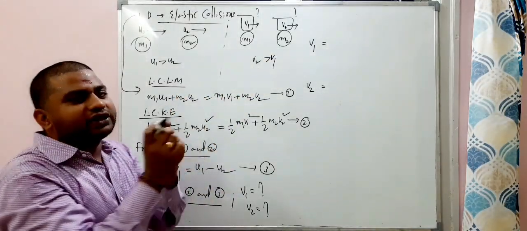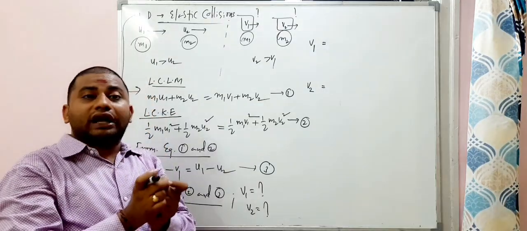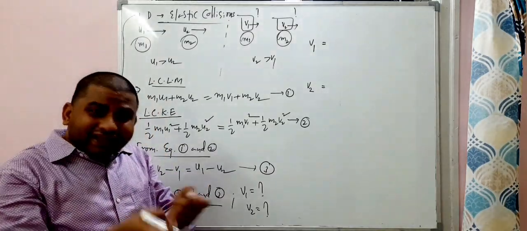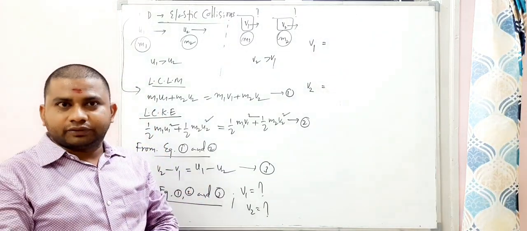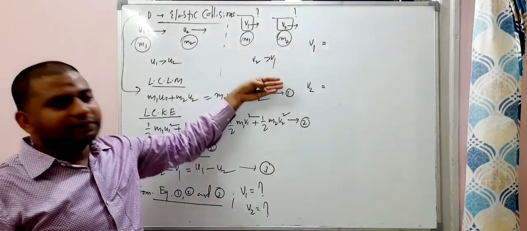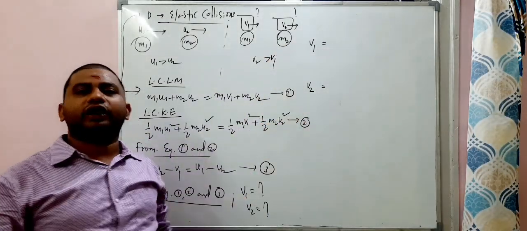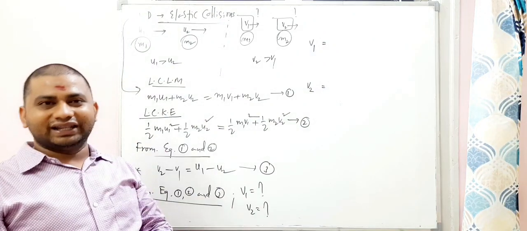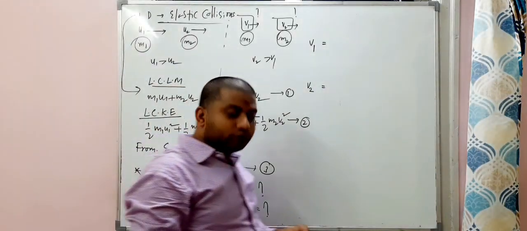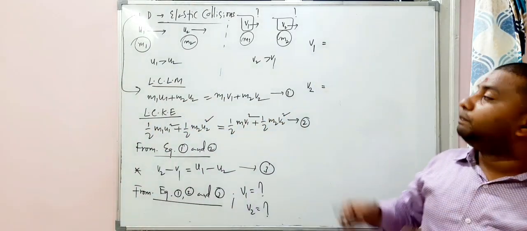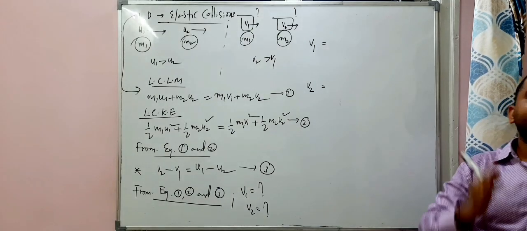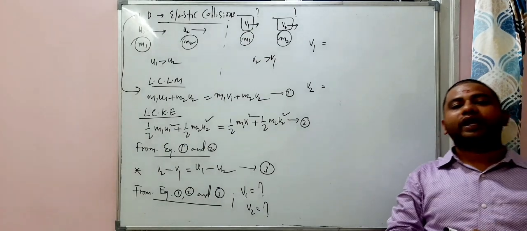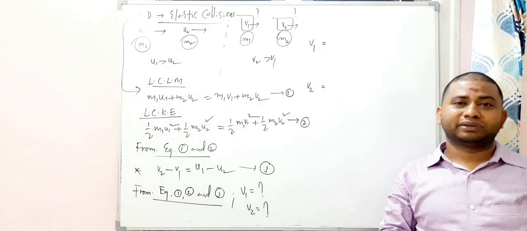Remembering or recollecting these expressions is also difficult at times. So I am going to tell you the easiest method to remember the V1 and V2 expressions, because the majority of the numericals you are going to solve are based on these V1 and V2 only. So you must remember this.